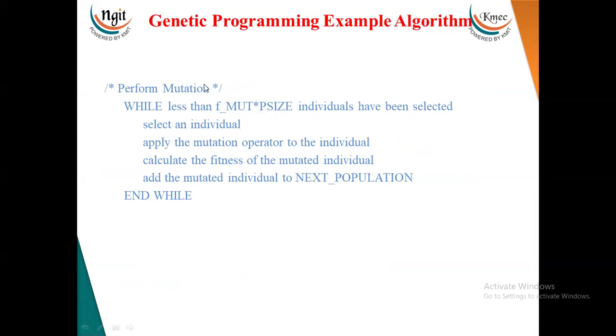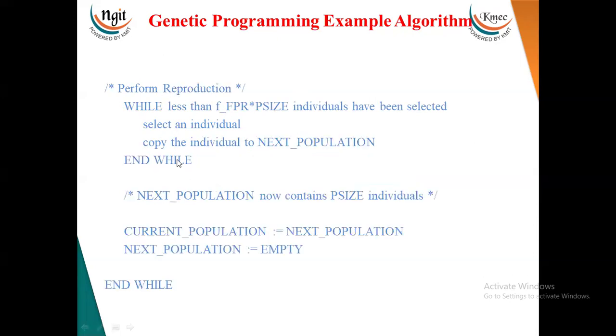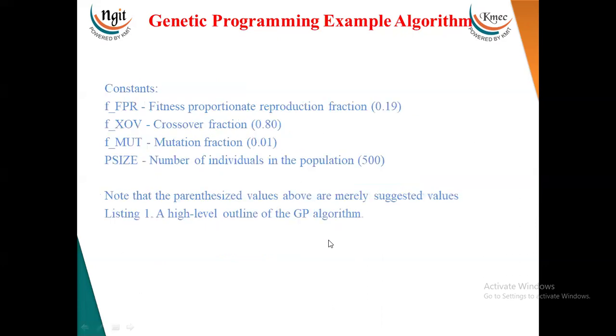If the output I got from the set of population is not up to the mark, I have to mutate in order to make it more flexible and efficient. Then perform reproduction. If this particular size is not available, I have to increase the size, and this is replacement. So current population equals next population. This is a complete part, and the next population will be empty. So current will be overwritten with the next population.